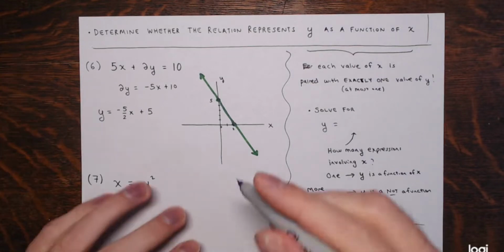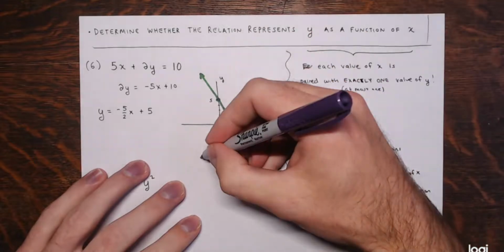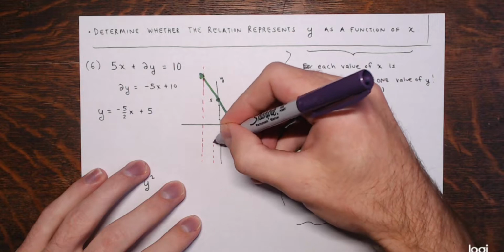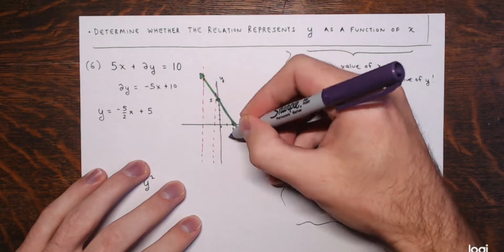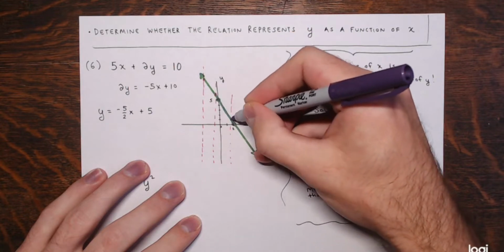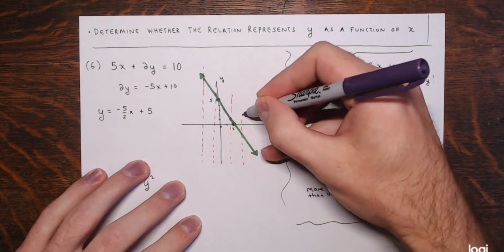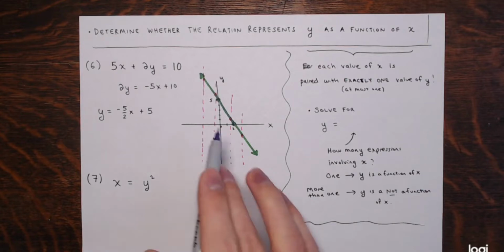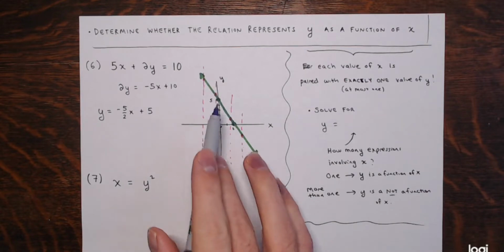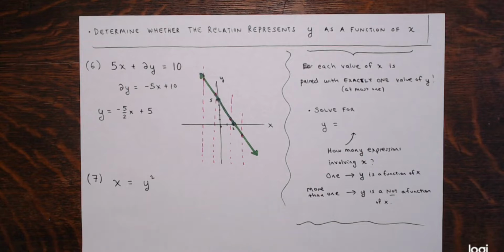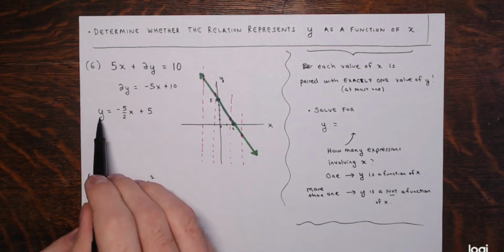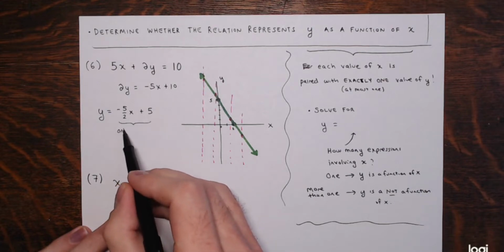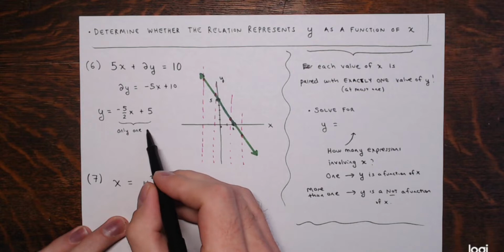Now, I mentioned that vertical line test earlier. You draw any vertical line, it's going to hit the graph exactly once. Draw any vertical line, it hits the graph at most once. Never more than once. So this is a function. y is a function of x. And notice here, when I solve for y, there's only one expression involving x on the other side.